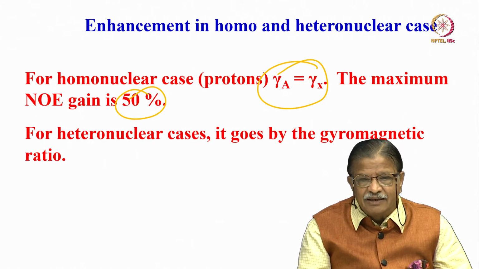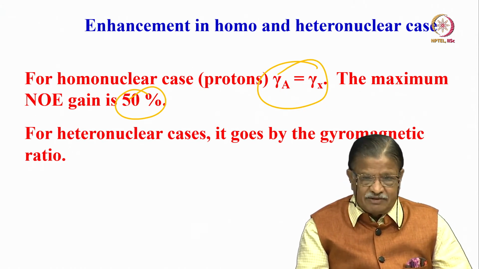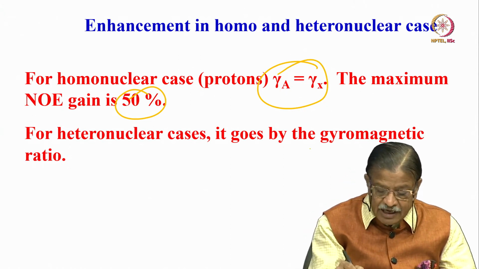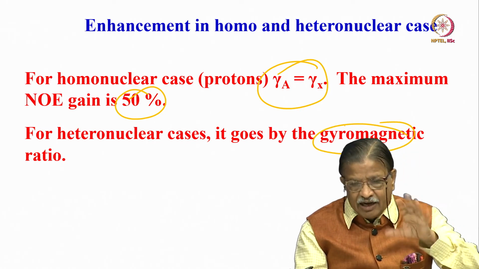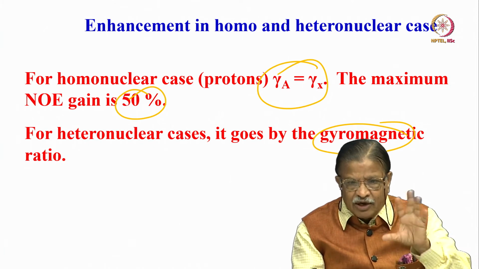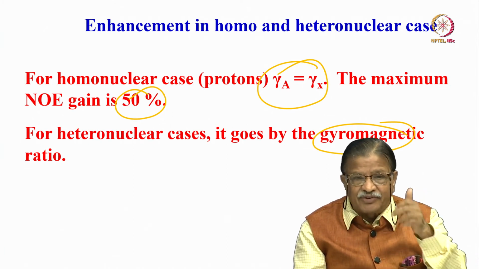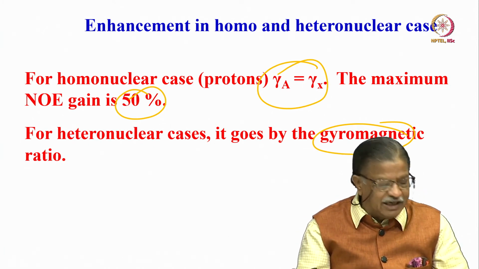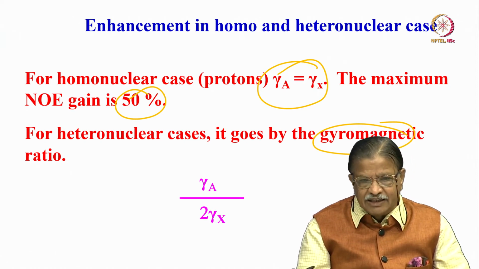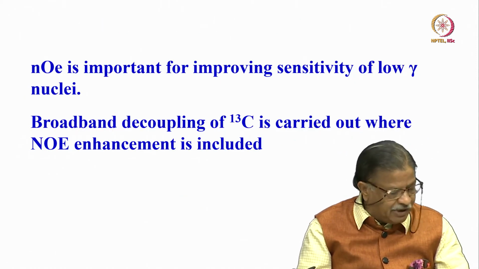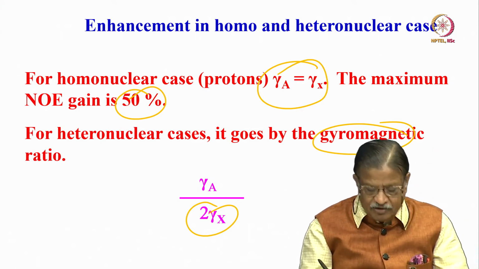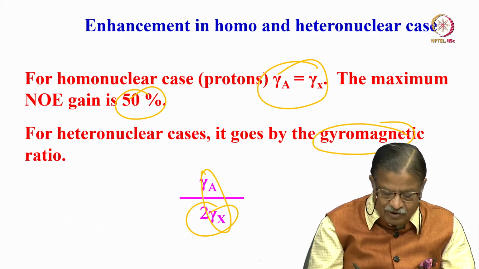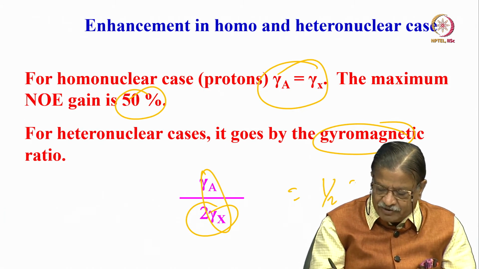On the other hand, for the heteronuclear case, it goes by the gyromagnetic ratios. The gyromagnetic ratio gamma of the two heteronuclear spins dictates the enhancement in the signal intensity. This is the formula which you have to use: gamma_A by gamma_X, times 2 gamma_X. Both are identical in the homonuclear case, so it is half, 50% intensity.